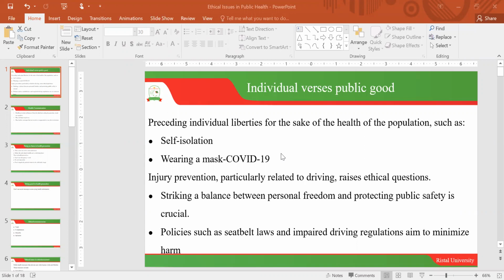So let's start with one major issue, which is individual versus public good. This is often explained in relation to contagious diseases that can spread from one person to the other. And a very good example can be obtained from what happened during COVID-19.